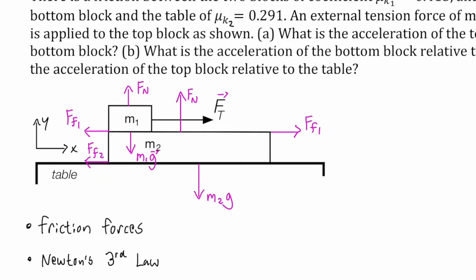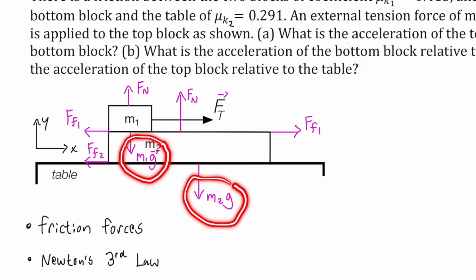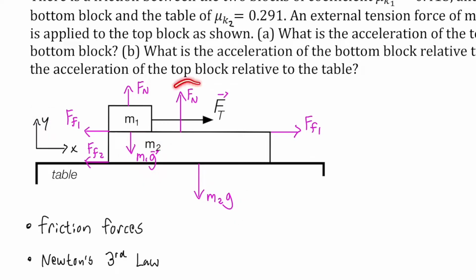So then that means that the total sum of vertical forces acting on block 2, at least the downward ones, are going to be M1G and M2G. So what does the normal force have to equal if there's no acceleration in the y direction? The sum of the two. In other words, the normal force isn't just equal to M2G, it's equal to the sum of M1G and M2G, because this is effectively another force acting on block 2.